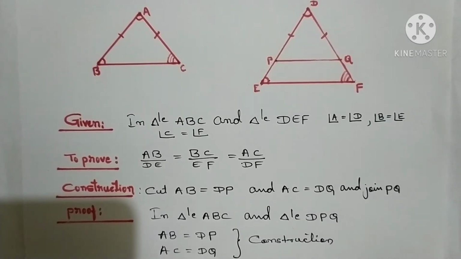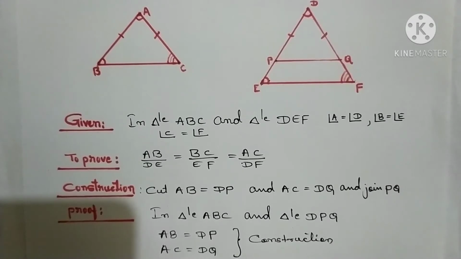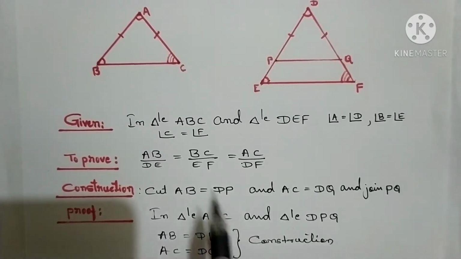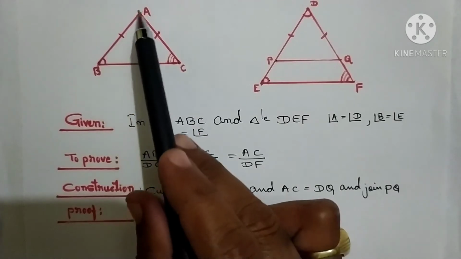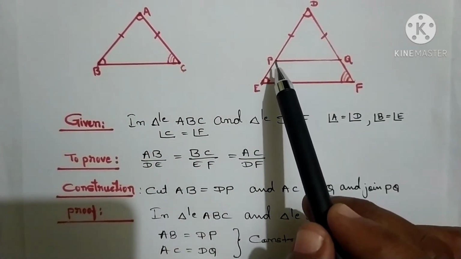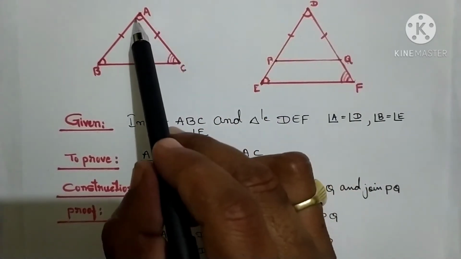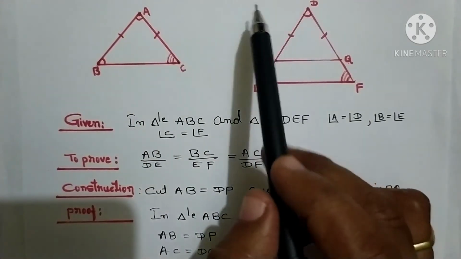Then angle BAC is equal to angle PDQ. Now see here, angle BAC is equal to angle PDQ. Now here these two are given.